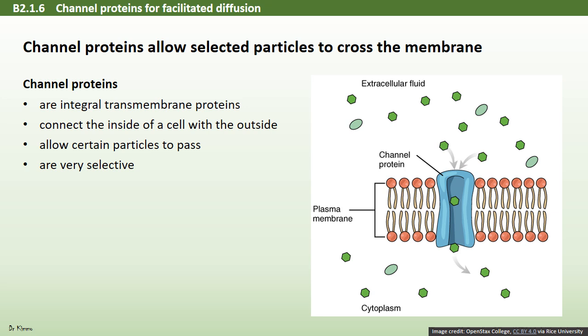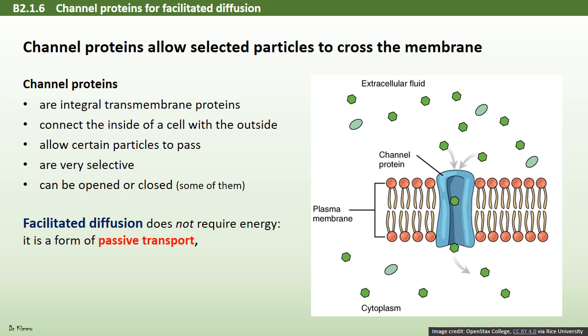Some of them can be opened or closed. And aquaporin is one such channel protein. Facilitated diffusion through a channel protein does not require energy, so it is a form of passive transport, just like simple diffusion and osmosis.